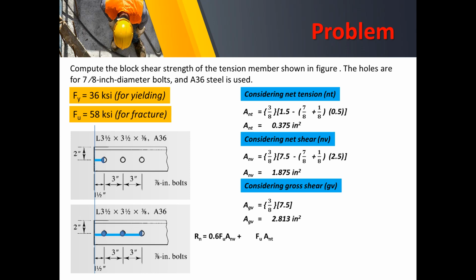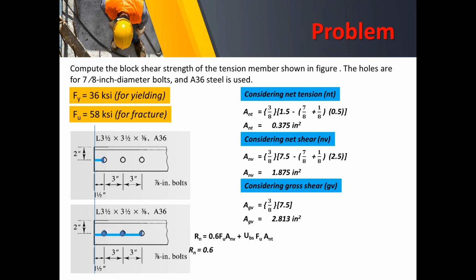Now for our equation, we need to insert Ubs here. In this configuration, it is a uniform configuration in the sense that there is no staggered connection.